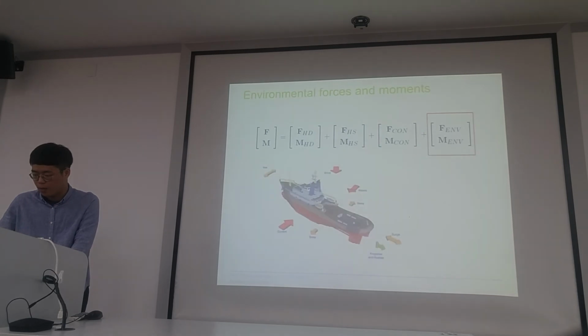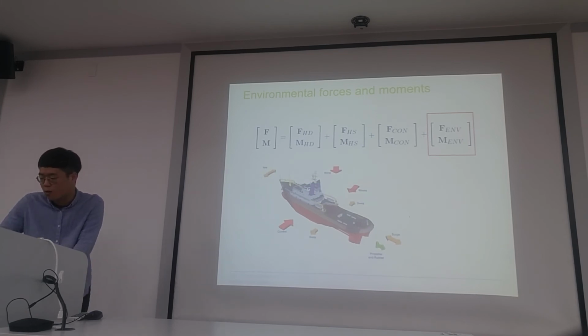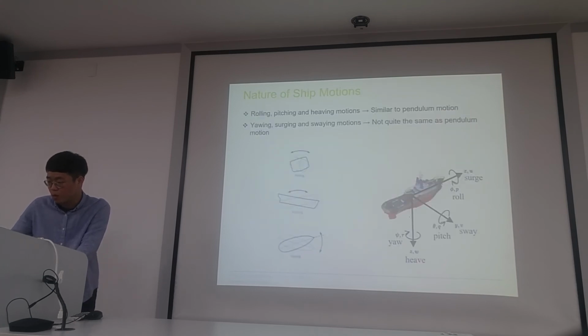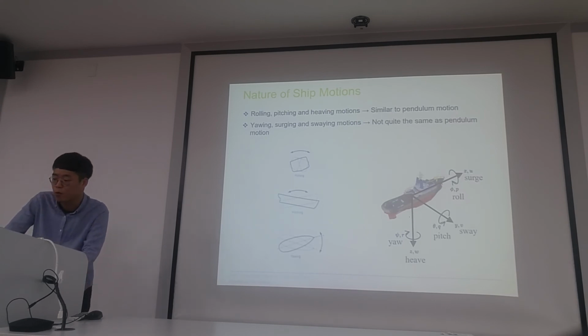Okay, and the last one is environmental forces and moments. These are usually determined by wind conditions, wave conditions, and current conditions. As you saw in the previous slide, there are 6 degrees of freedom for ship motion.